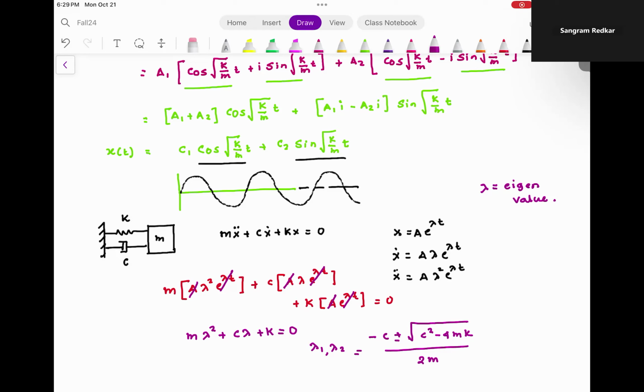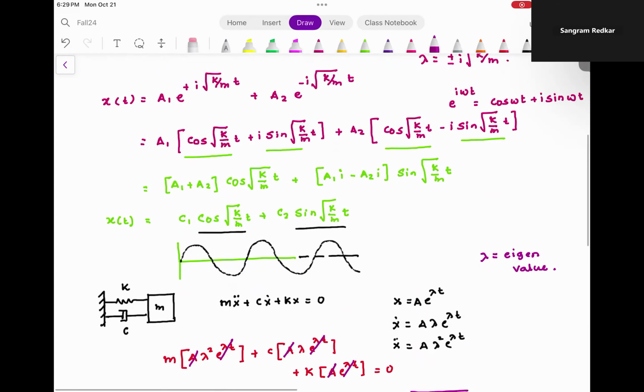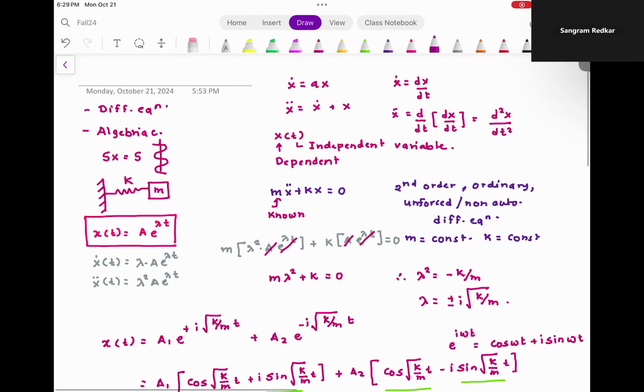Laplace transform does the exact same thing. Now what you have is a differential equation, which is x double dot plus k x is equal to 0. If you want to solve that differential equation, you will have to go through the analysis that we have done. You will have to perform integration minimum 2 times if it's a second order differential equation.